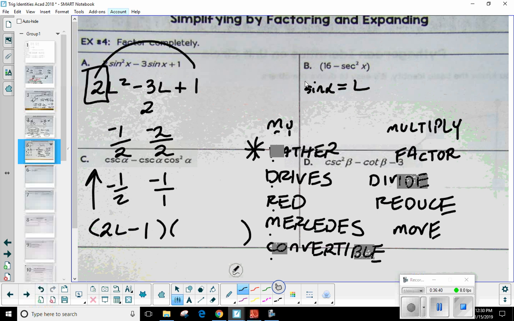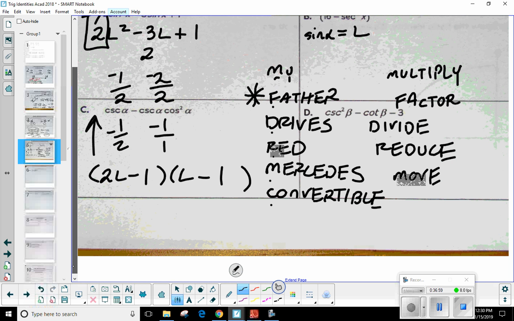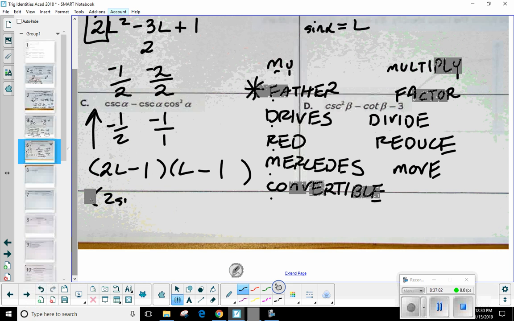So what would negative 1 over 1 be? 1L minus 1. So we factored this: 2L minus 1 times L minus 1. Now we'll go back in and plug in our trig function. We said that L was sine of x. So the factored version should just be 2 sine of x minus 1 times sine of x minus 1.